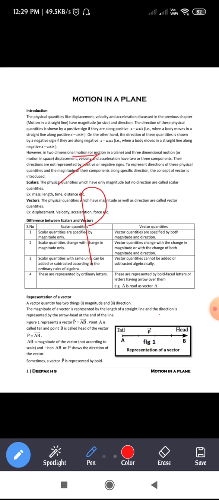In this figure, the length denotes the magnitude and the arrow mark denotes the direction. That's all regarding the representation of the vector.